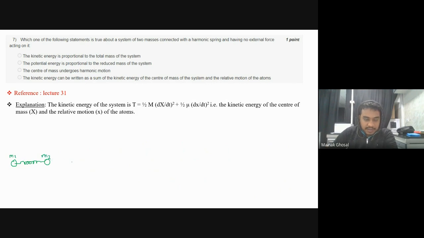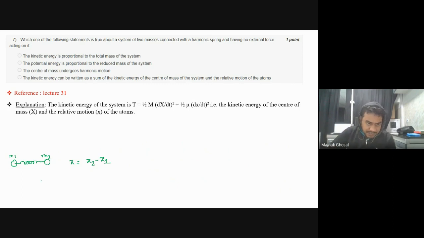Now what is the relative distance x? If m2 is at x2 and m1 is at x1, then the relative coordinate is x equals x2 minus x1.